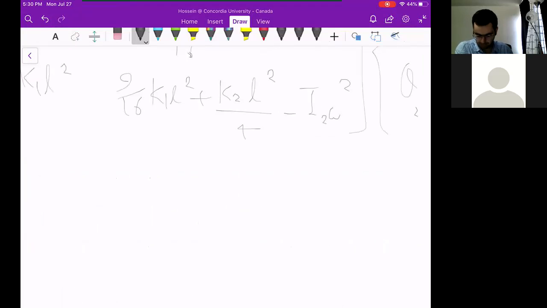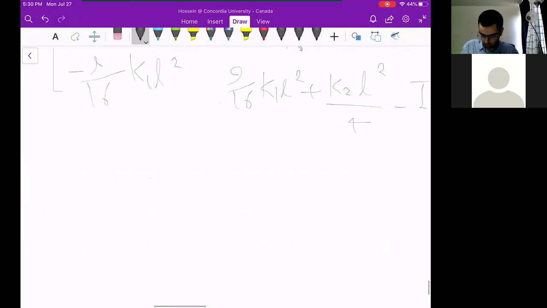Therefore, the determinant of the matrix K minus M omega squared should be 0.